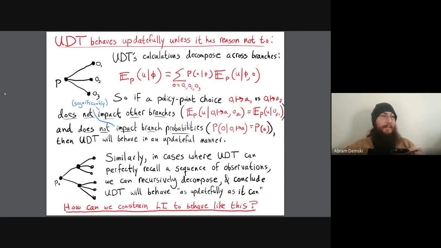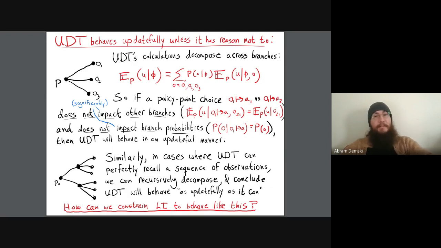And this is formalizing that more, specifying the conditions in general under which we expect UDT to behave like that. For a particular observation, the branch probability shouldn't be changed, and the expectation of other branches shouldn't be changed.